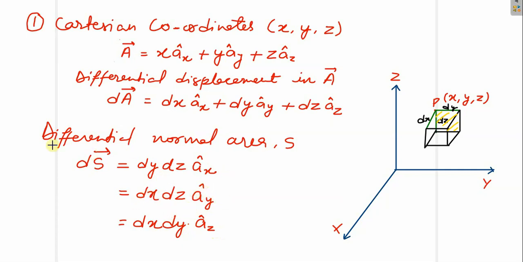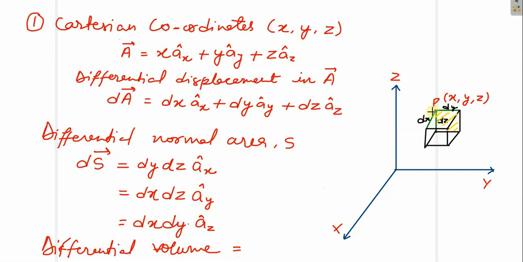And if we want to represent the differential volume, the differential volume is very easy. Differential volume means, how do we determine the volume of a cuboid? It is length into breadth into height.